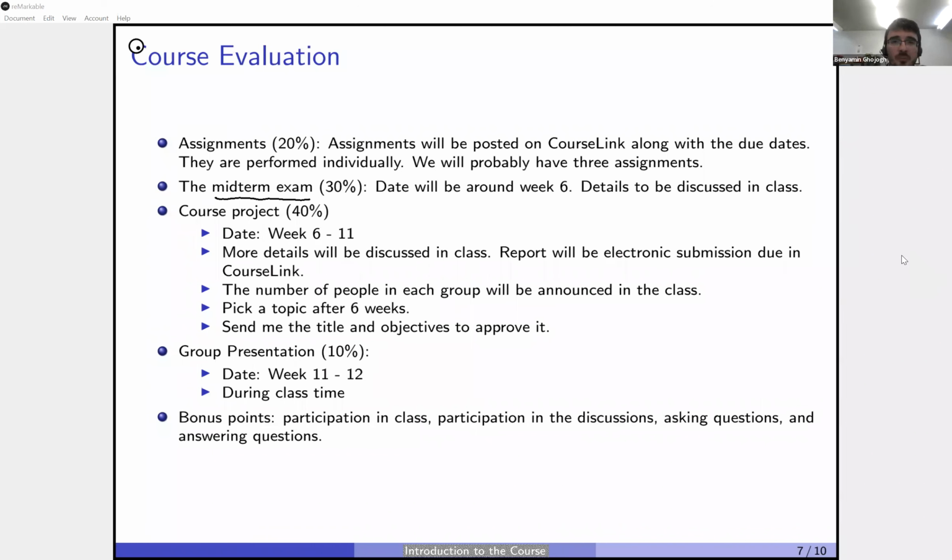It will be about 40% because this is a graduate course, so the course project is important. There will definitely be bonus points, especially for participation in class. Participation is not mandatory. As I say, it's bonus points.